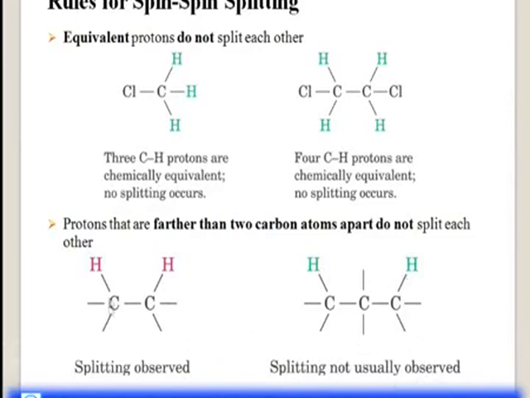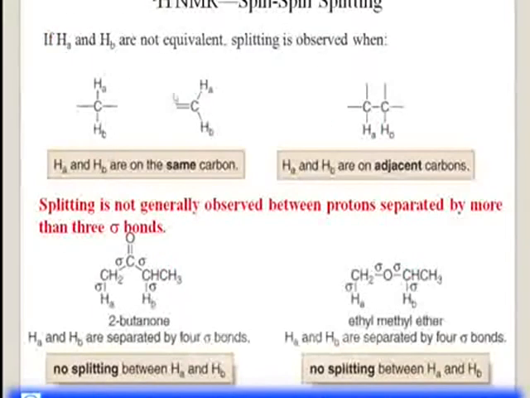But if they are present on an adjacent carbon atom, definitely splitting will be there according to the number of protons. If we look at the signal for this proton, we have to see the number of these protons. If there is one, then for this proton we will get only a singlet.